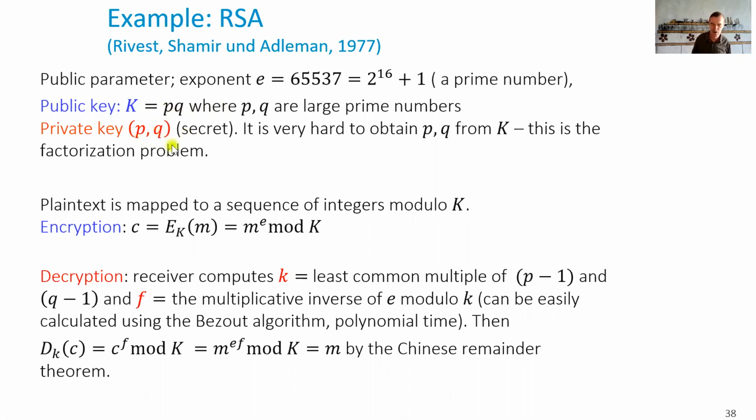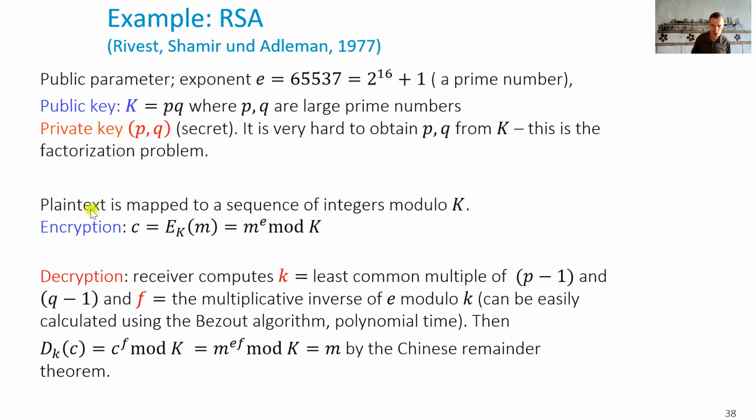Now, if each of the factors has 1,000 bits, then you need to try all the combinations of 1,000 bits, which is a truly astronomical number that even all the computer power of the world is not able to break, as long as we don't have quantum computers. We'll talk about that a bit later. So this is my public and private key combination.